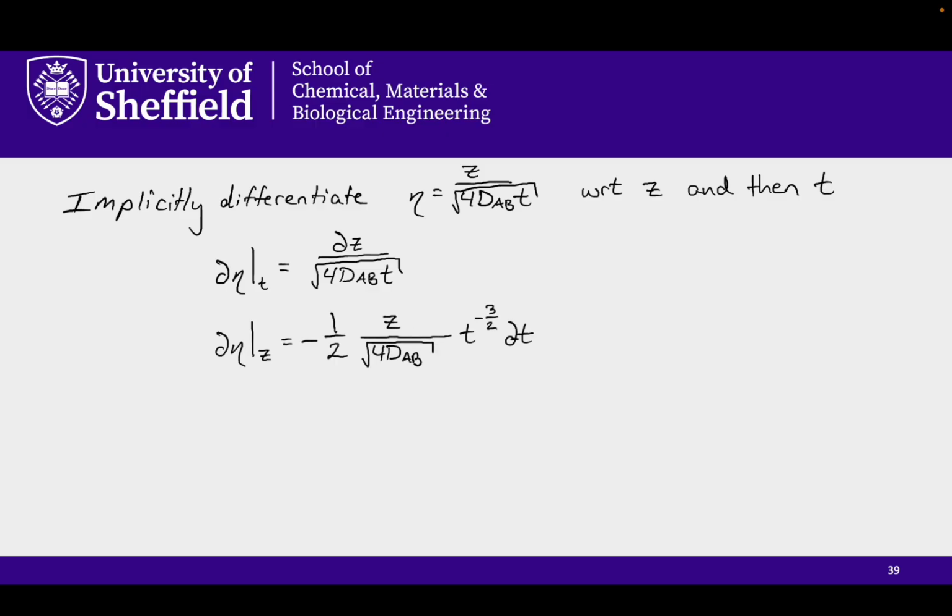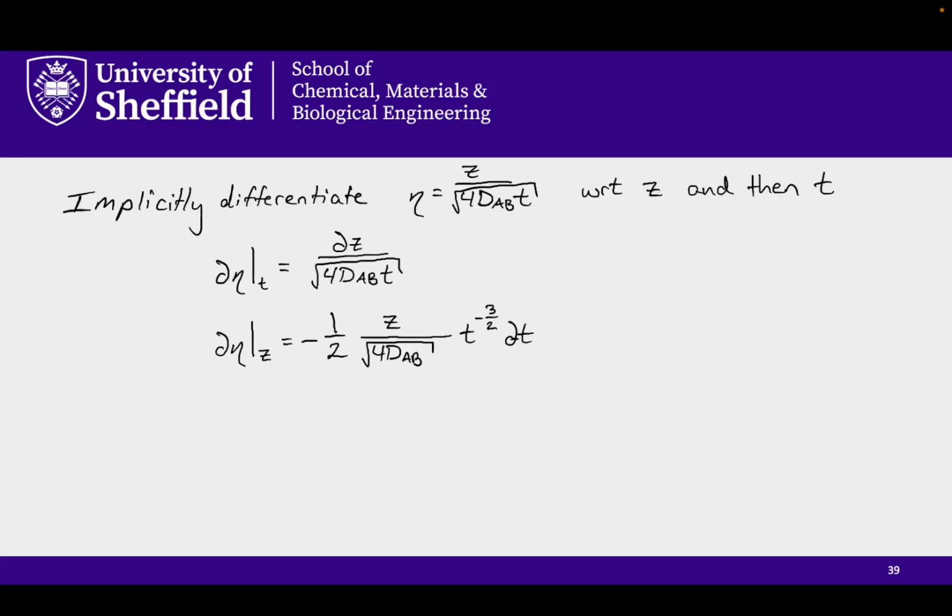Now, if we do the converse and hold z constant, we have to differentiate with respect to t, and this takes a little more care because t is in the denominator and it's basically raised to the -1/2 power. So that -1/2 comes out front, and then t is raised to the -3/2 power.